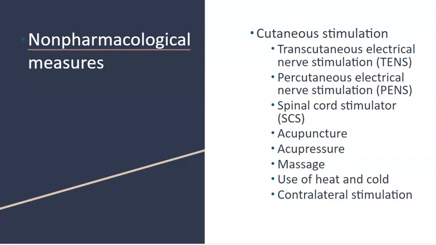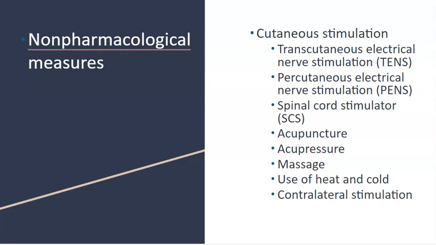It combines a TENS unit with the percutaneous unit, and it goes through the skin, through probes, and it stimulates peripheral sensory nerves. PENS is effective in short-term management of acute and chronic pain. PENS therapy in some patients promotes physical activity and increases the sense of well-being while reducing the use of non-opioid medications and helps improve sleep.